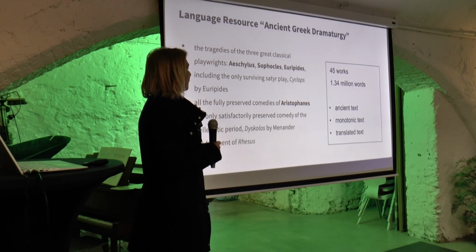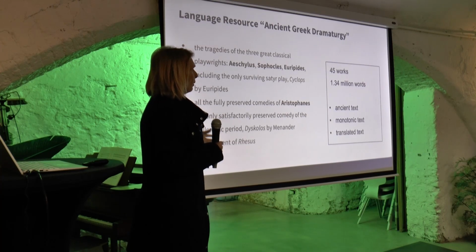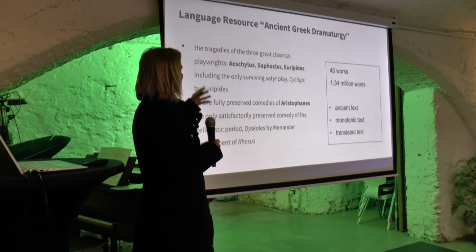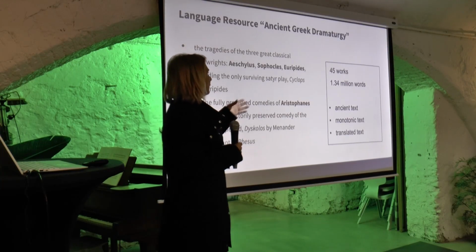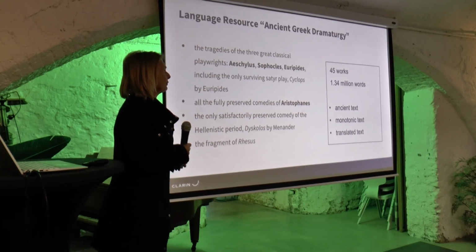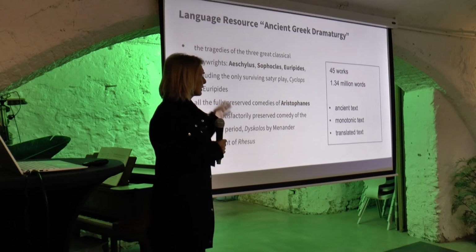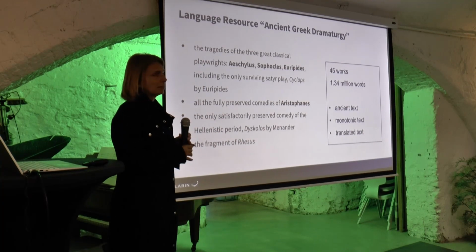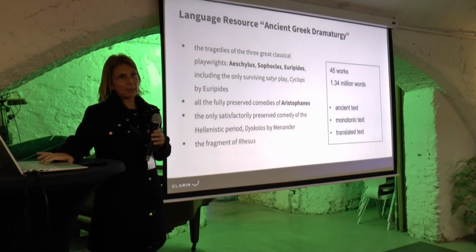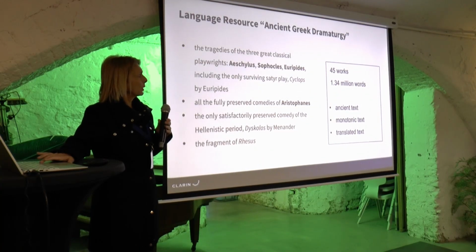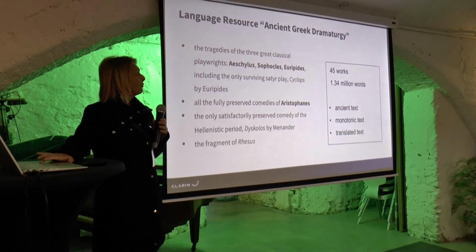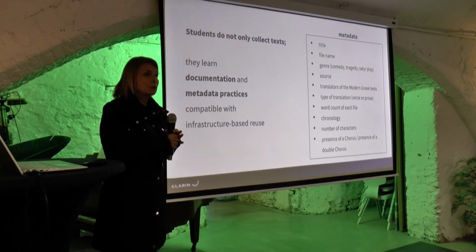This is a good example of what they can do, because this corpus holds 45 works, 1.30 million words, monotonic and translated text, so it can find various and different applications.